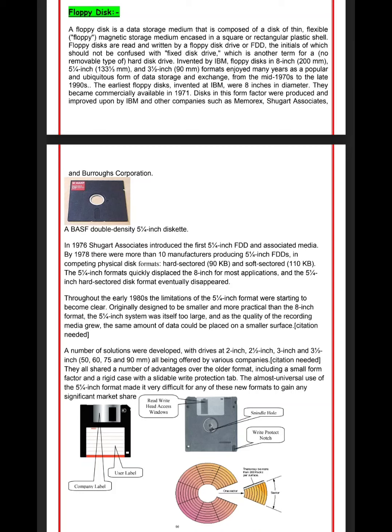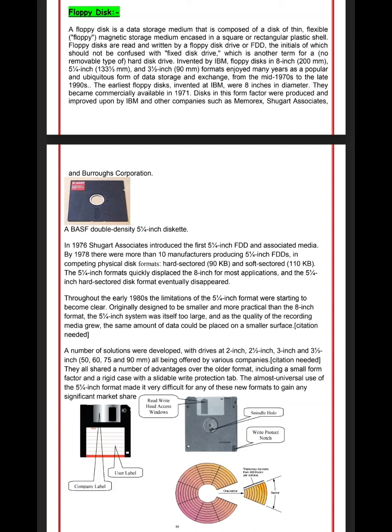A number of solutions were developed, with drives of 2 inch, 2 1/2 inch, 3 inch, 3 1/2 inch, 50, 60, 70, and 90 mm, all being offered by various companies.